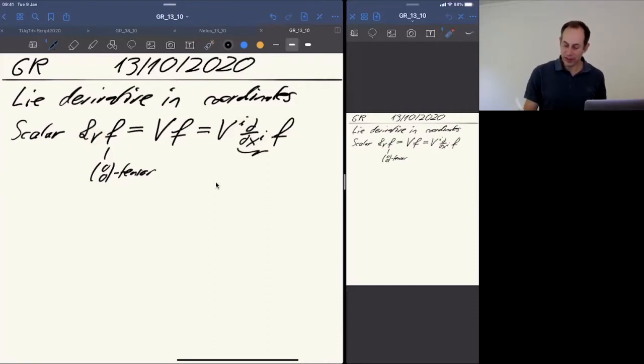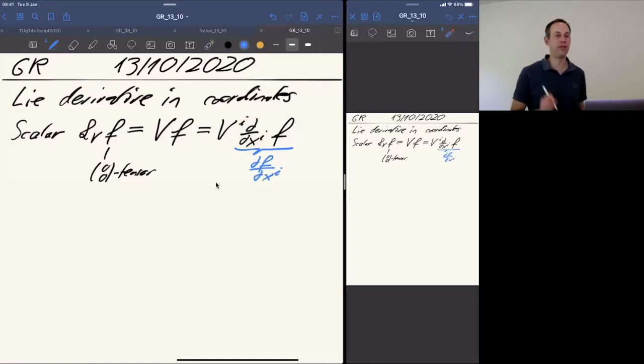But now this thing really acts on f in a way we already understand, and maybe that's just notation to remind you, because I'm going to use it. This object, which is defined as how this basis vector acts on f, will sometimes, as a shorthand, be written as df/dx^i. So I just put the f on top of the fraction bar, but it really means this thing, the vector acts on f.